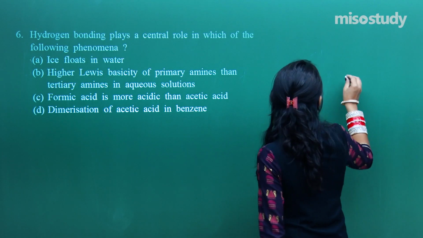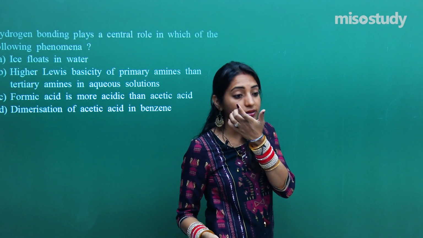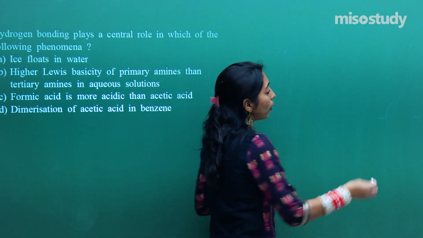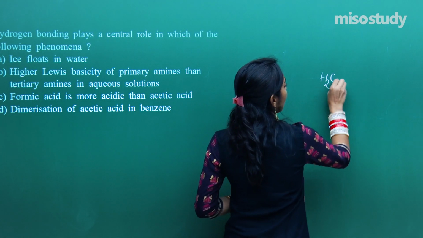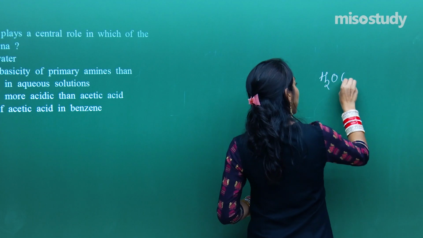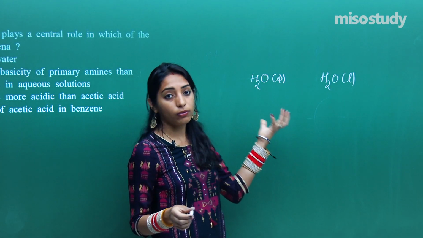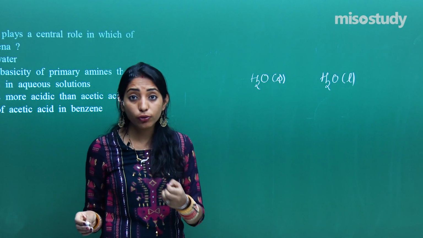Because when we say ice is floating on water, so ice and water, water in solid as well as in liquid form, both have the same molecular formula. Then there must be a difference in the two densities.